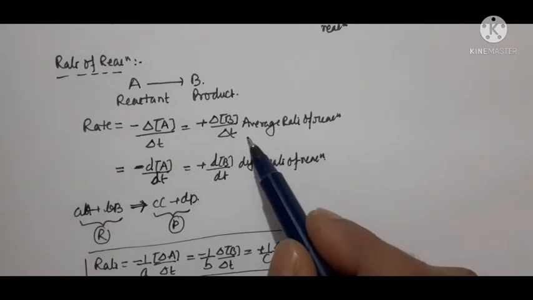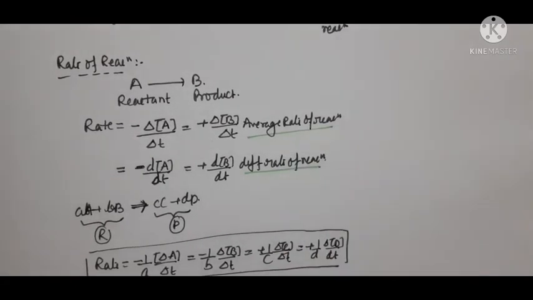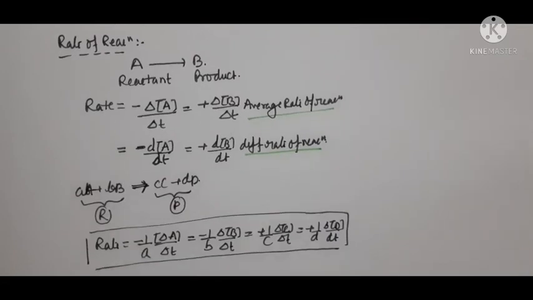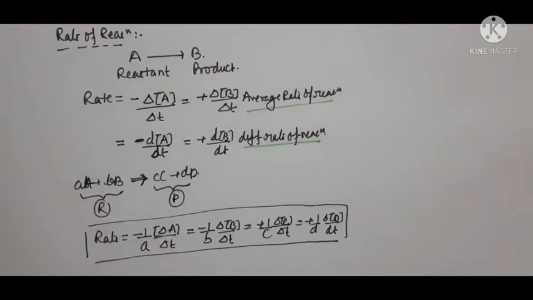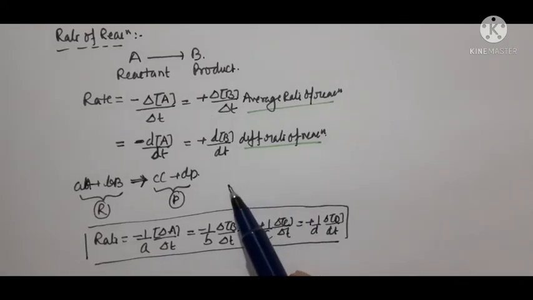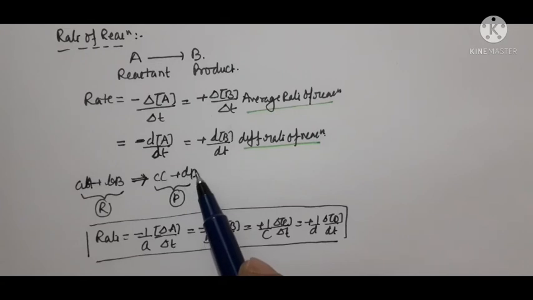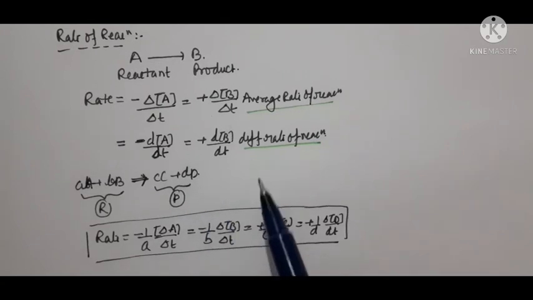So what is the average rate of reaction? When we want to find the rate of reaction with respect to concentration for a large difference of time, it is called average rate. And for a small change in time, it is called instantaneous rate.